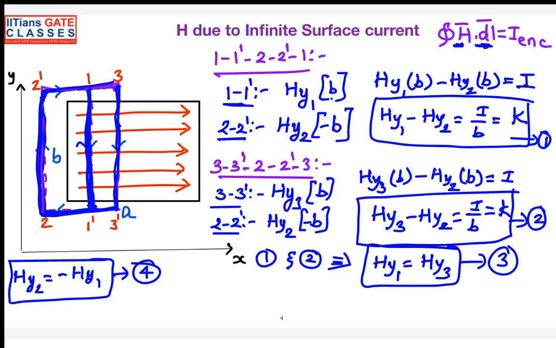The magnetic field on the bottom side is exactly the same as the magnetic field on the top side, because we have seen it is independent of the distance. But when you consider the magnetic field at the bottom of the sheet, I have considered minus Hy1. Can anybody justify this reason? What will be the reason for this?